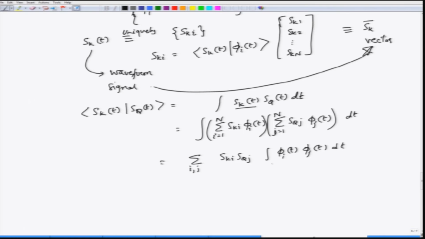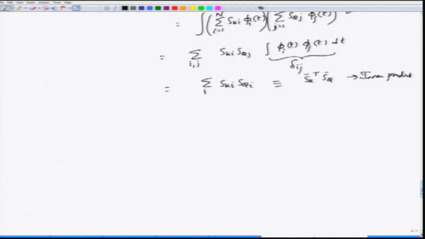But this is nothing but the inner product of phi i and phi j, which is equal to delta ij, that is, equal to 1 when i equals j and 0 otherwise, allowing you to collapse this double sum into a single sum, and you get the sum of Ski Sqi. This is nothing but taking the vector Sk, transposing it, and multiplying it by the Sq vector, or component by component multiplication. This is the inner product.